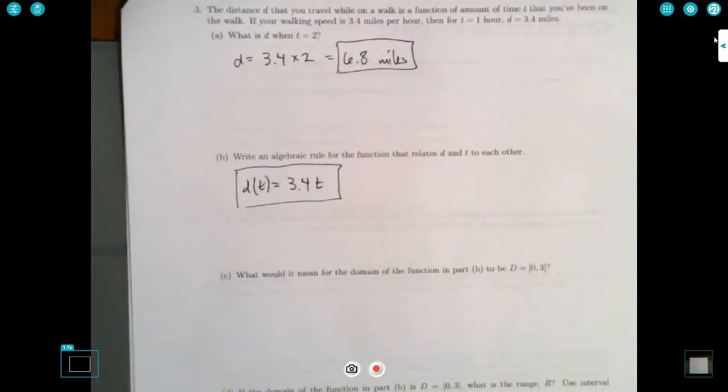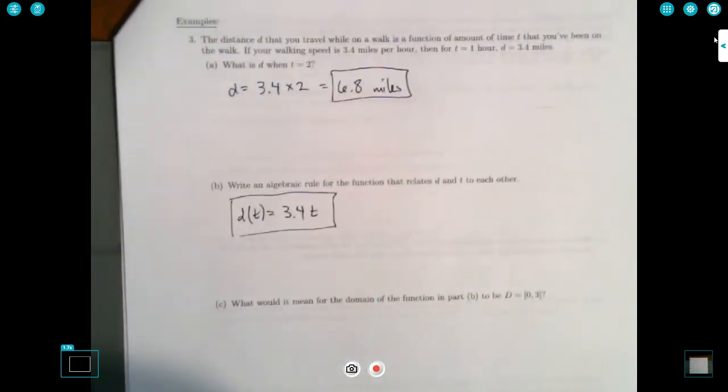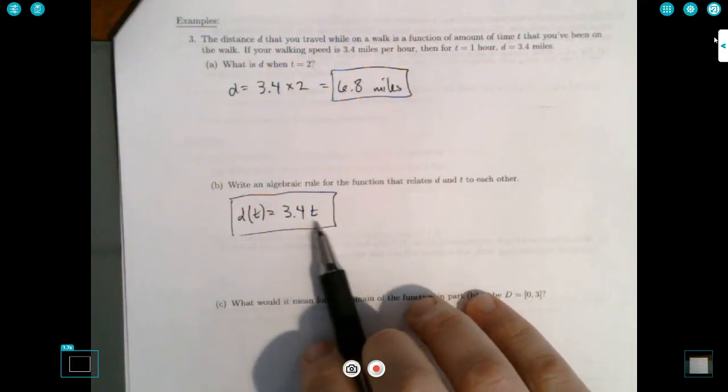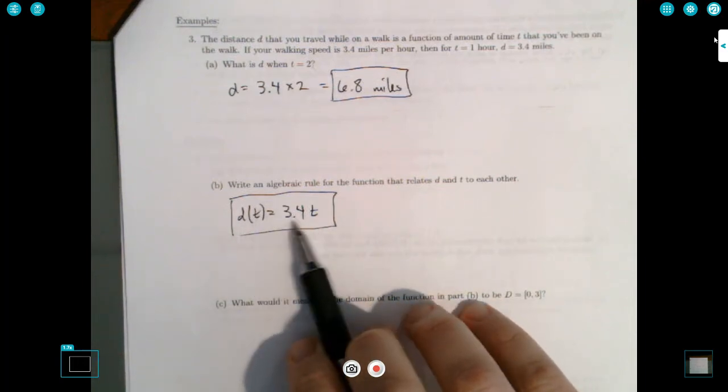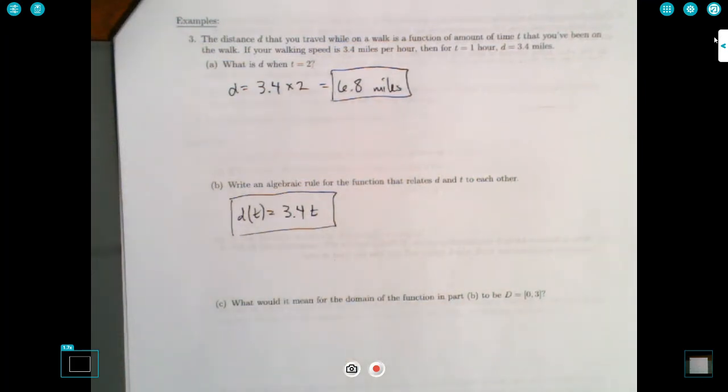Part C says, what would it mean for the domain of the function in part B to be the interval from 0 to 3? So the domain, the set of inputs. Well, the output here is a distance, the distance that you travel. The input is time, so how long you travel.